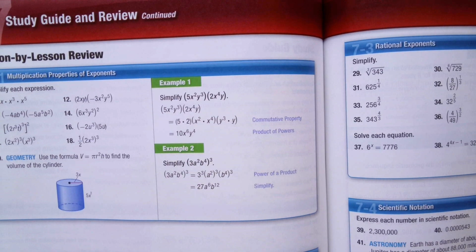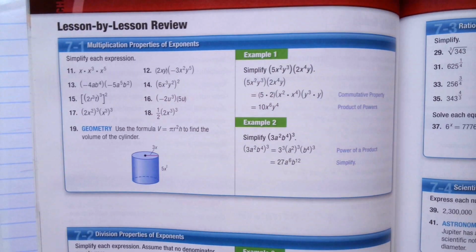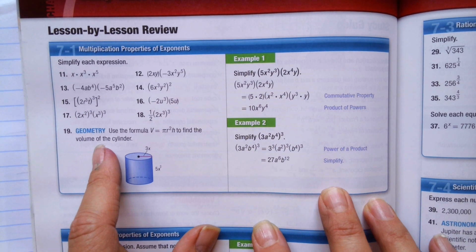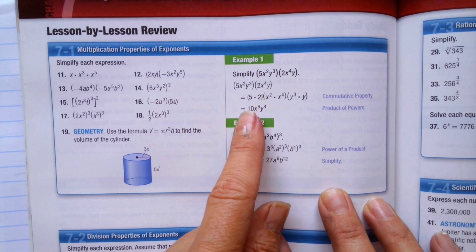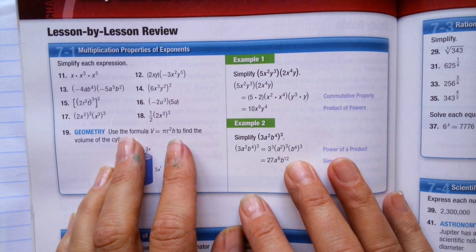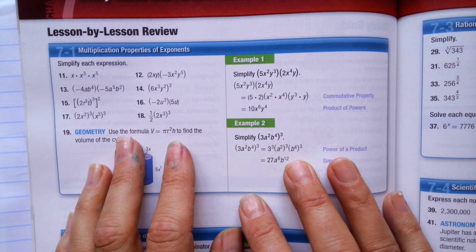It has everything that you need to do. Okay. And then it gives you an example of each concept. So it's phenomenal. This is everything that's covered in 7.1. Okay. And it's amazing the way they do it.